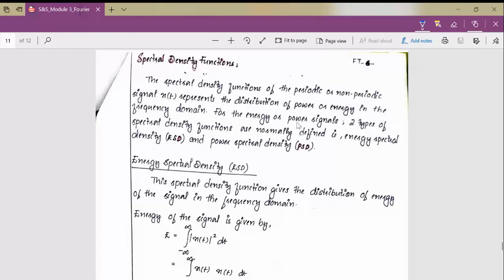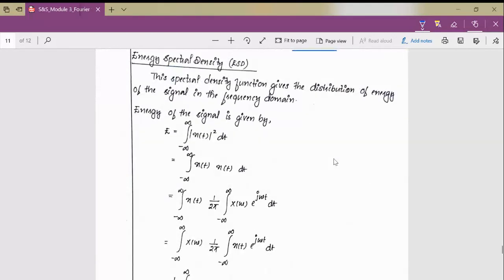For energy or power signals, two types of spectral density functions are normally defined. The first one is energy spectral density or ESD, and the second one is power spectral density or PSD.